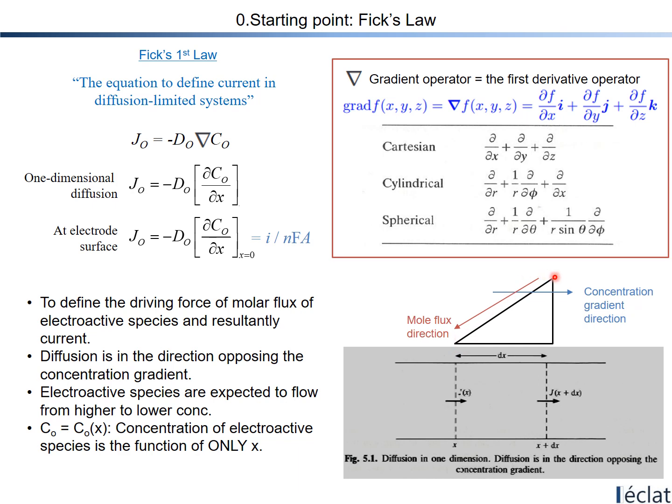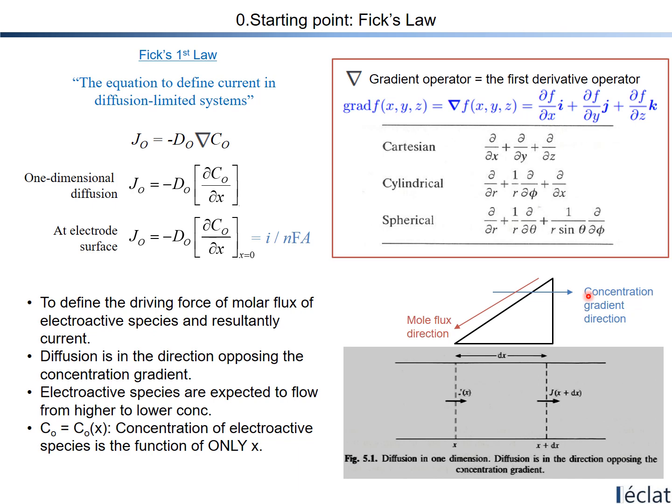In this case, the concentration gradient direction goes from the left to the right. However, the electroactive species slide down from higher concentration to lower concentration. Therefore, the mole flux direction goes from the right to the left, which is opposed to the direction of the concentration gradient.